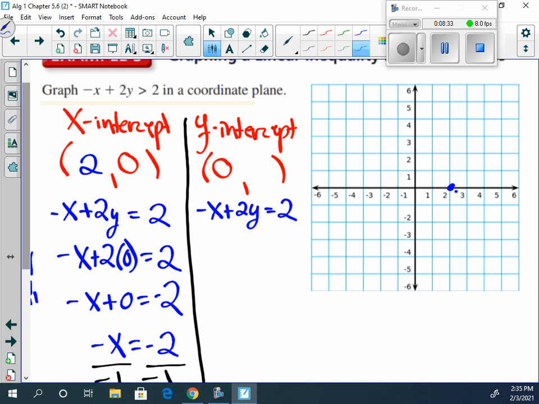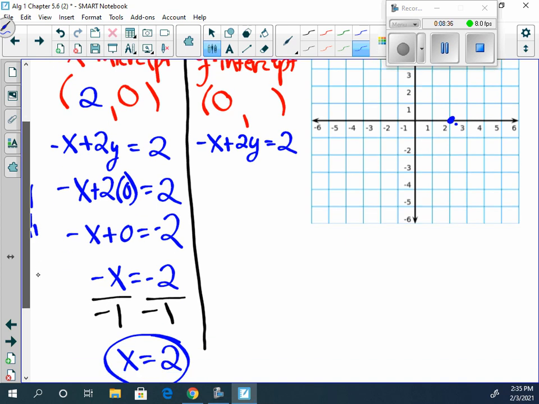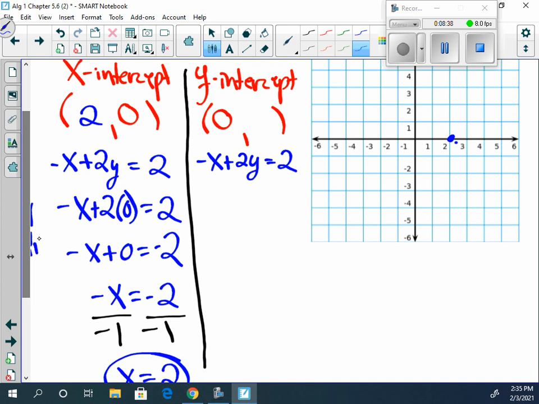So we're going to use this equation again, but this time we're going to plug 0 in for x and solve for the value of y. So we'll have negative 0 plus 2y is equal to 2. Well, negative 0 plus 2y is just what? 2y, because 0 doesn't add anything and 0 doesn't subtract anything.